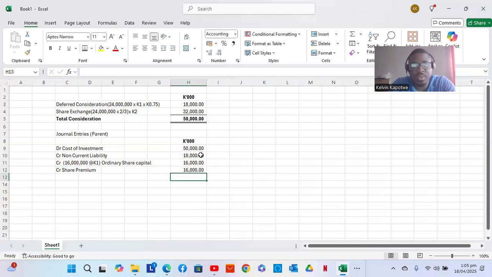If you total 18 plus 16 plus 16, this will give you 50, because 16 plus 16 gives you 32, plus 18, you get your 50 there. So that is how you are going to post this transaction in the parent.